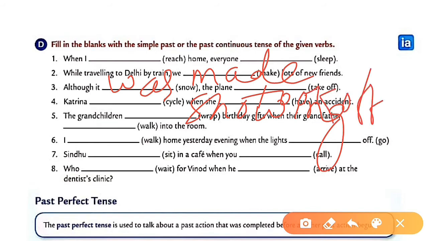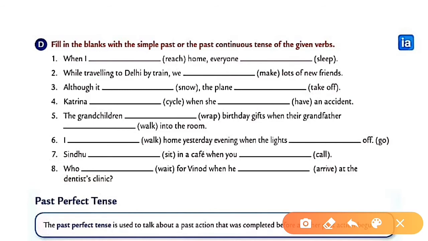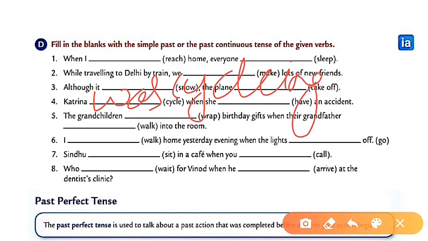Move to next, number 4. Katrina was cycling when she had an accident. Cycling, ing. Had, had.